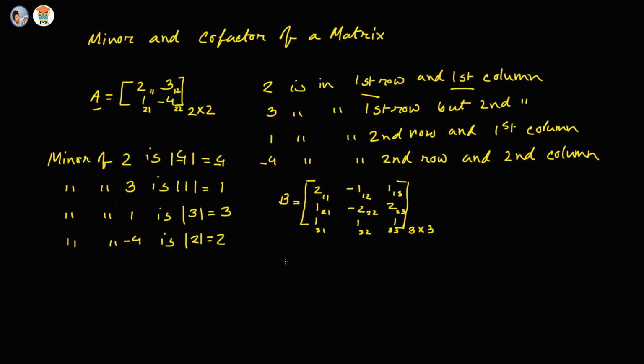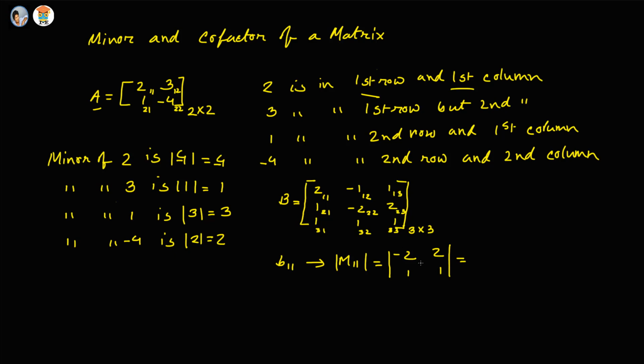So if we write this as B11, the minor of B11 will be, say, M11, which will be equal to, will exclude first row and first column, and we will be left with -2, 1, 2, 1. Now what will be the determinant value?